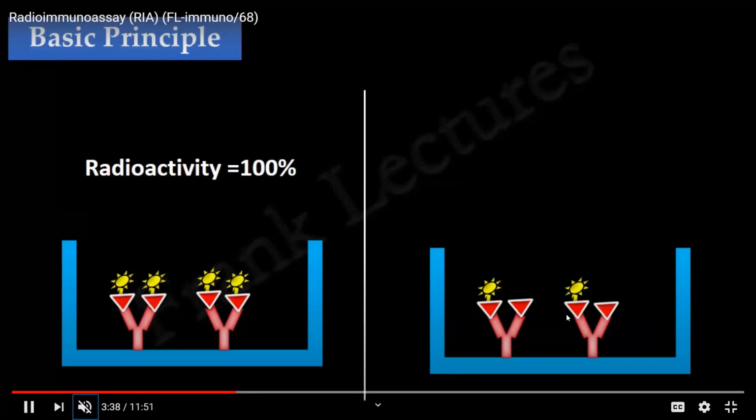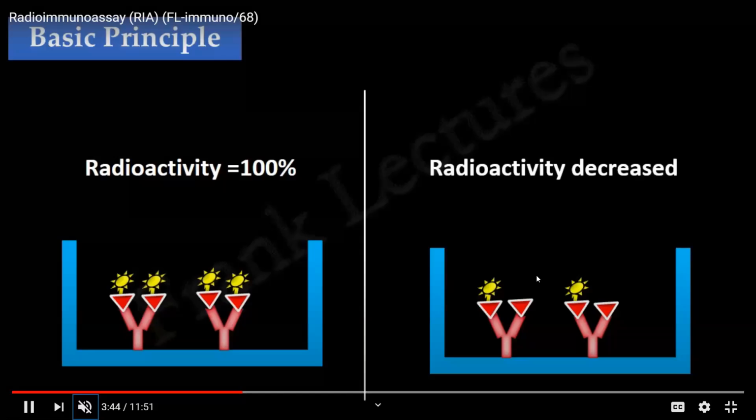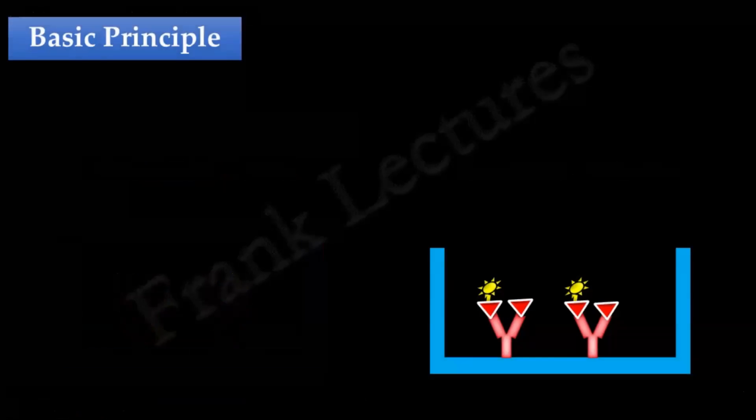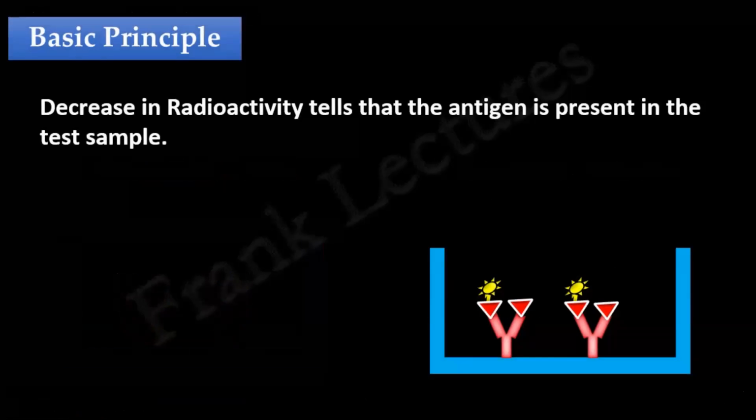We have washed away again to remove the unbound ones, and this time we again check the radioactivity. Now we find that the radioactivity has decreased compared to the previous one, because this time not all of them are radio-labeled. 50% are radio-labeled, 50% are not. That's what we see in this picture. So the radioactivity has decreased.